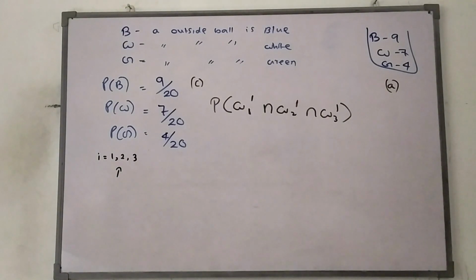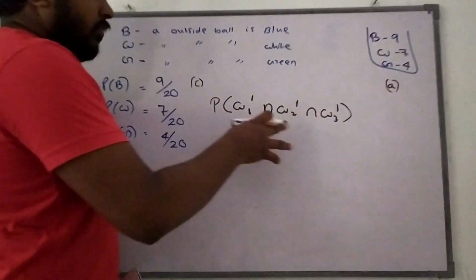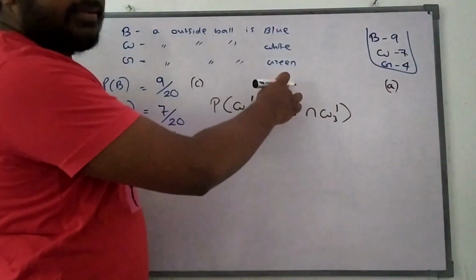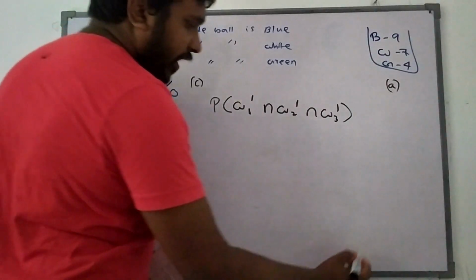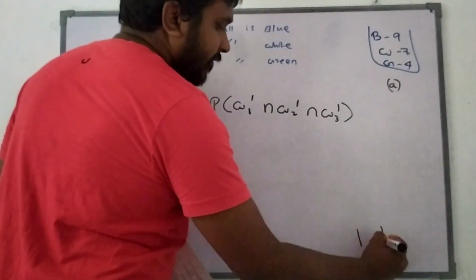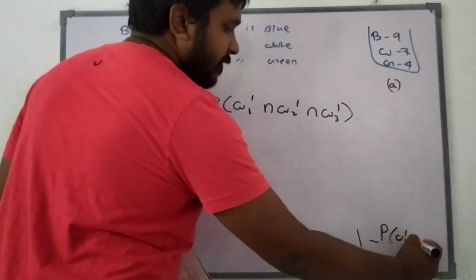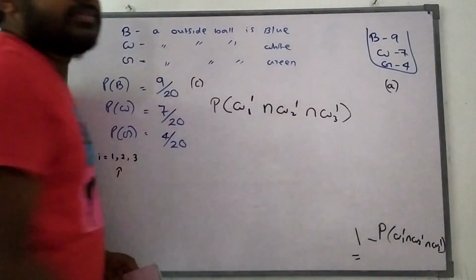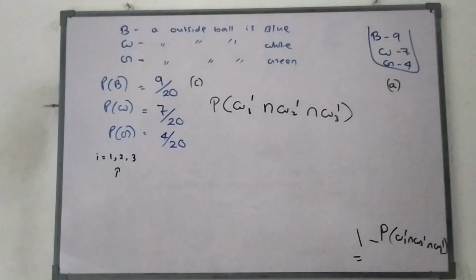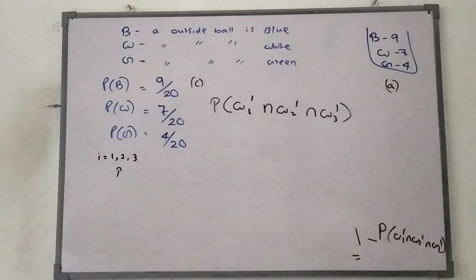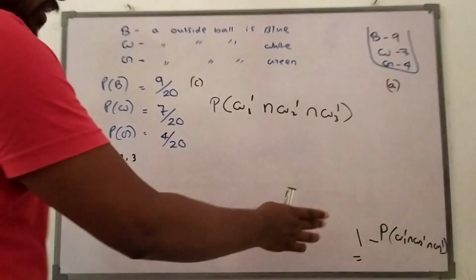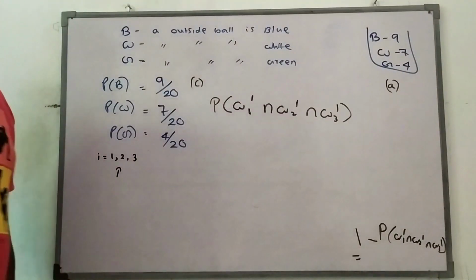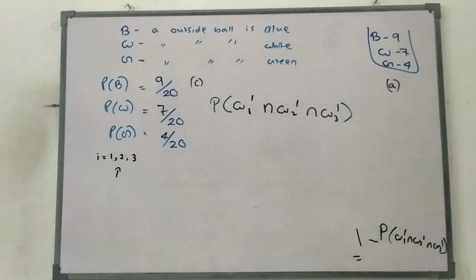Therefore, if you find the probability of selecting no white ball, you can subtract it from 1: W1 dash, W2 dash, W3 dash. This gives at least one ball will be white. The total probability is 1, so I subtract the probability of not selecting any white ball, and therefore you get at least one ball will be white.